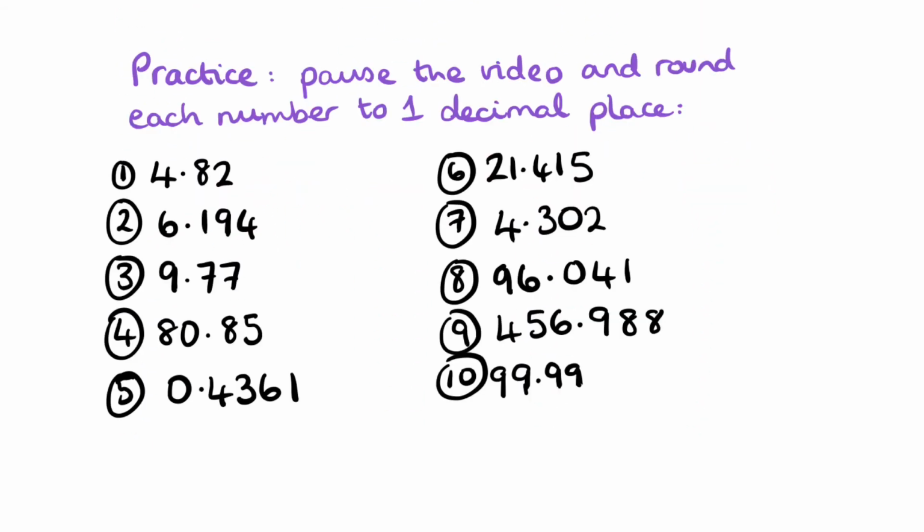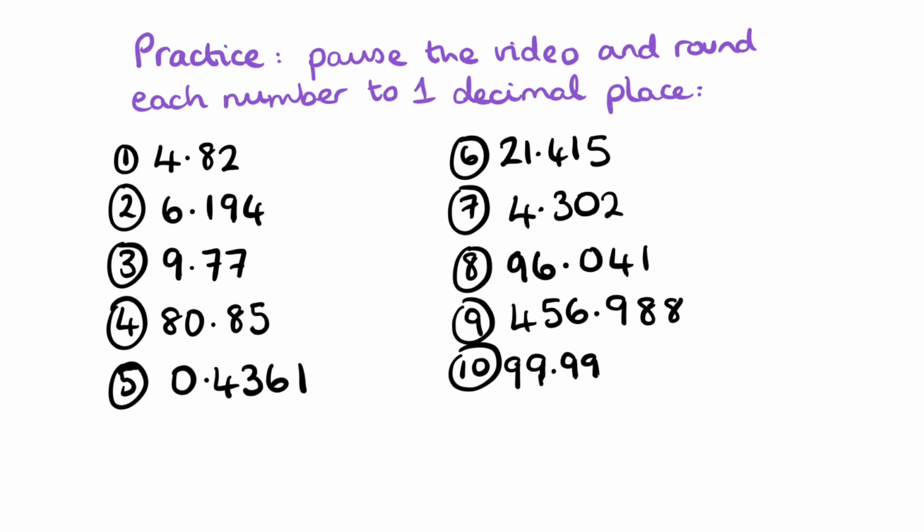Now, I want you to pause the video and round each of these numbers to one decimal place. So remember, the process is you identify the number that's in the first decimal place. So let's look at the first one. That would be the 8. And then the 2 tells you whether to leave that 8 as an 8 or move it up to a 9.